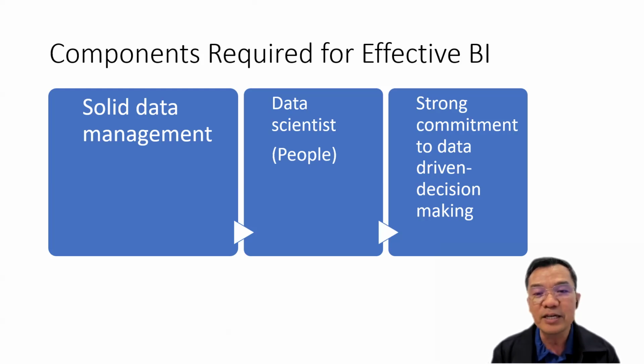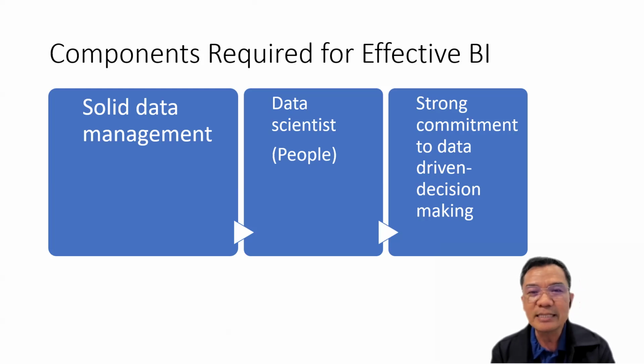We have a separate video about BI professionals identifying specific people and their roles in the organization to be able to carry out the process of business intelligence. And lastly, strong commitment to data-driven decision making. We're always aware that not all decision makers are logical or base their decision on the data that they have.